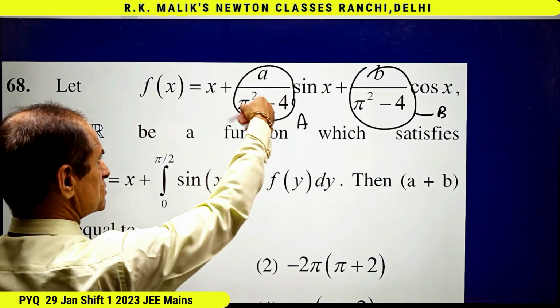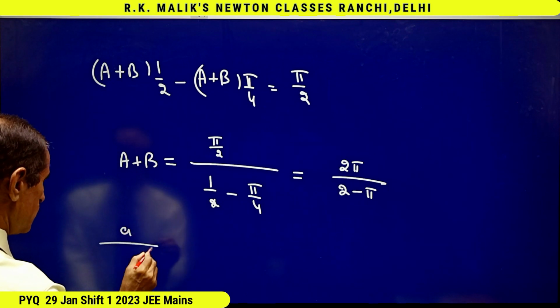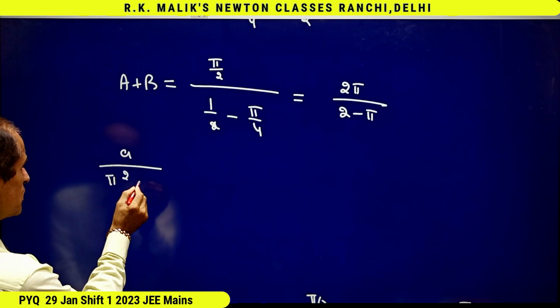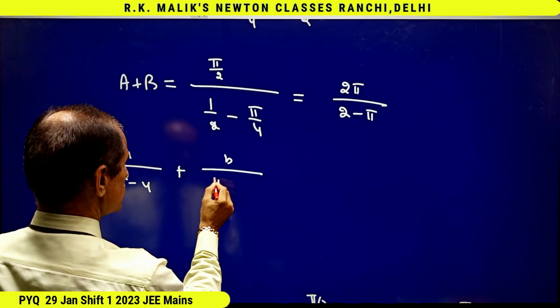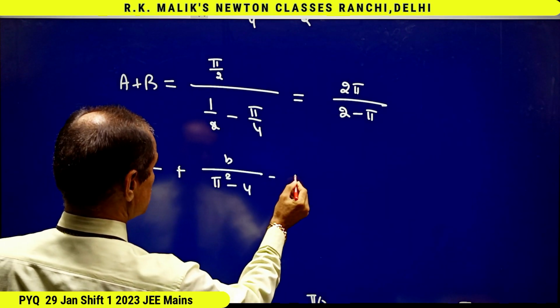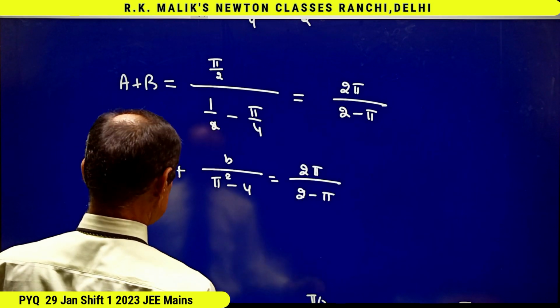And because a was this, b is this, hence I get a upon pi square minus 4 plus b upon pi square minus 4 is equal to 2 pi upon 2 minus pi.